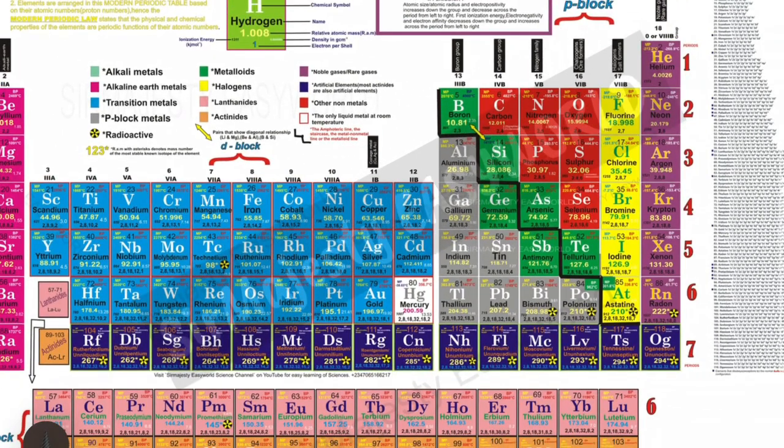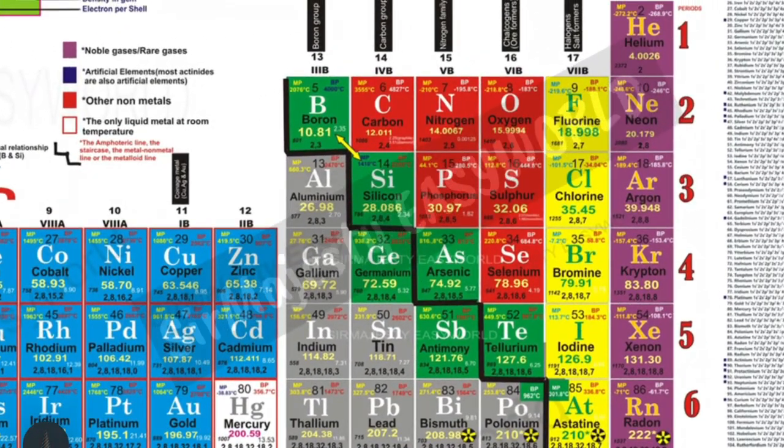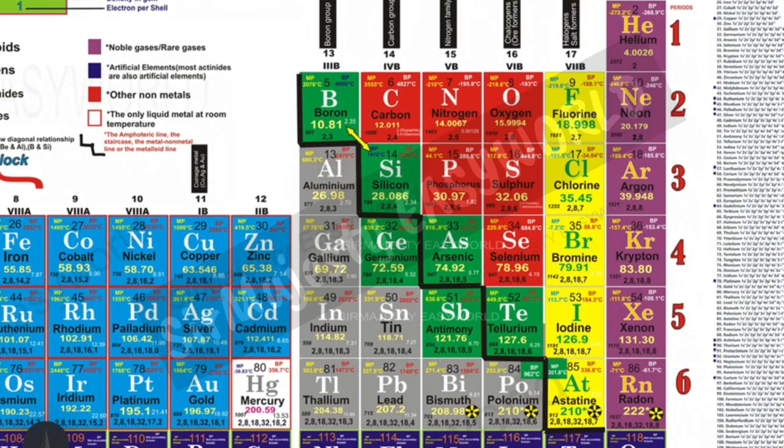Then coming to P, it is in this P block, which includes this bar, this bar, this bar, this bar, this bar, at least 6 groups there. So it is only the P block that has a mixture of metals, non-metals and metalloids, but the major part there is actually non-metal. The ones shaded in blue are metalloids, then the ones in silver are actually metals.